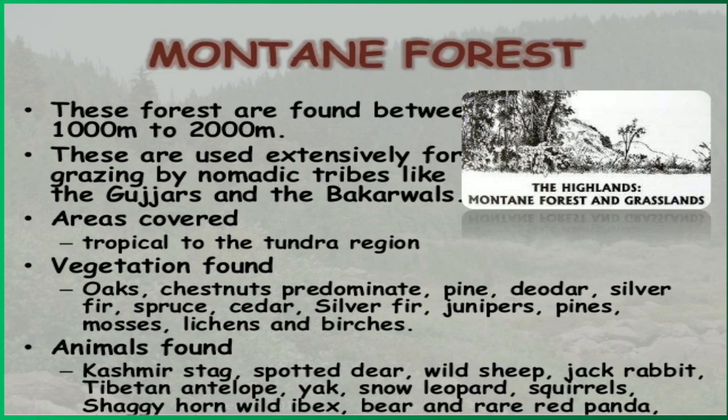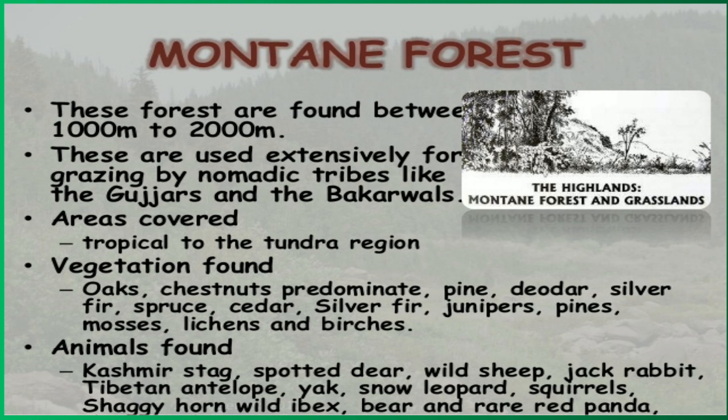Let us talk about the montane forest. These forests are found at heights between 1000 meters and 2000 meters. They are used extensively for grazing by nomadic tribes like the Gujjars and the Bakkarwals in these mountainous areas, so keep that in your mind.